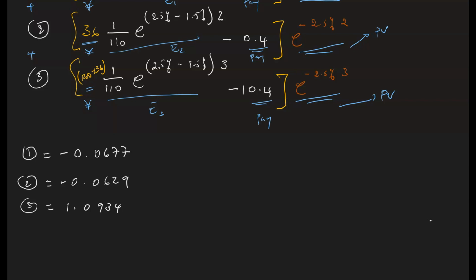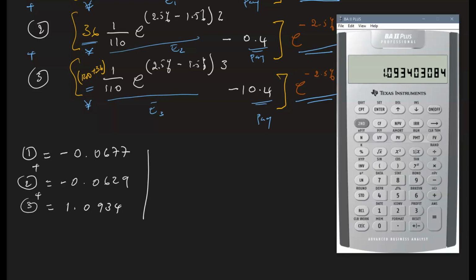That's going to give us the value of our swap. So if we add all of this up, what are we going to have? We're going to have 1.0934 minus 0.0629 minus 0.0677 equal.